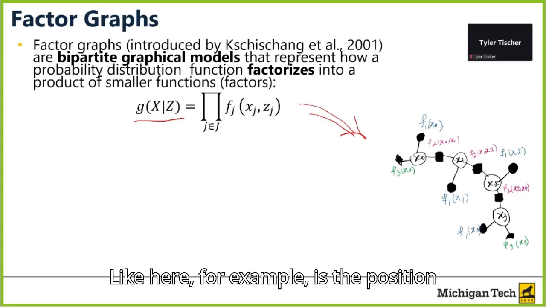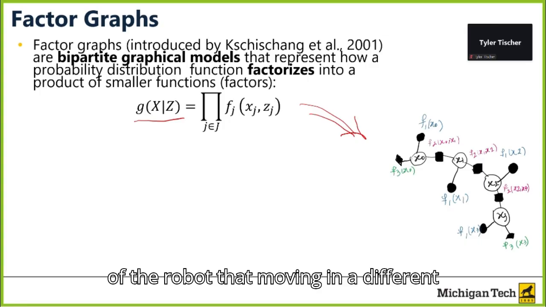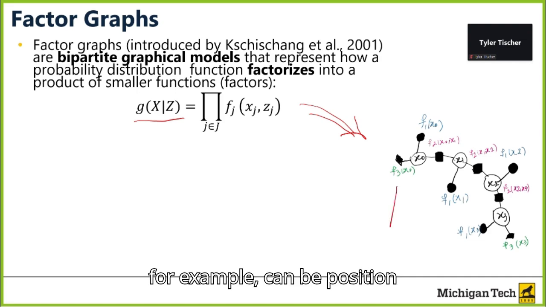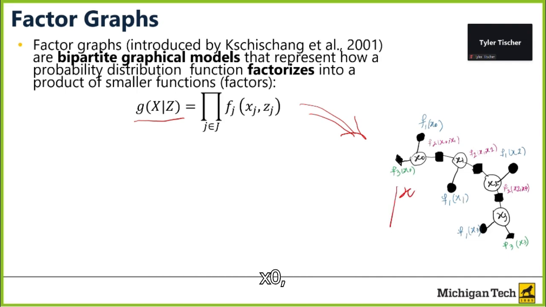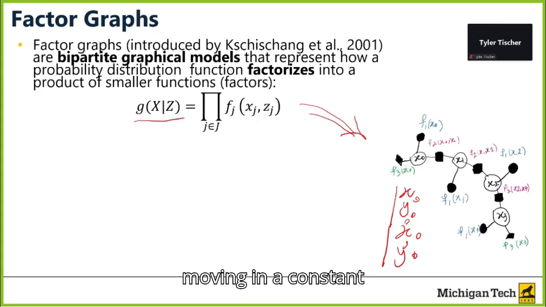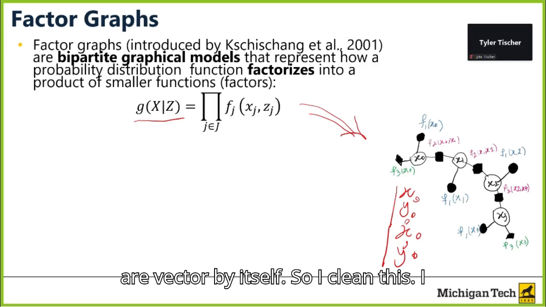Like here, for example, the position of a robot moving at different times. x0, x1, x2, x3 can be, for example, position x0, y0, x dot 0, and y dot 0, if it's a constant velocity model. So x0, x1, x2, and x3 are vectors by themselves.